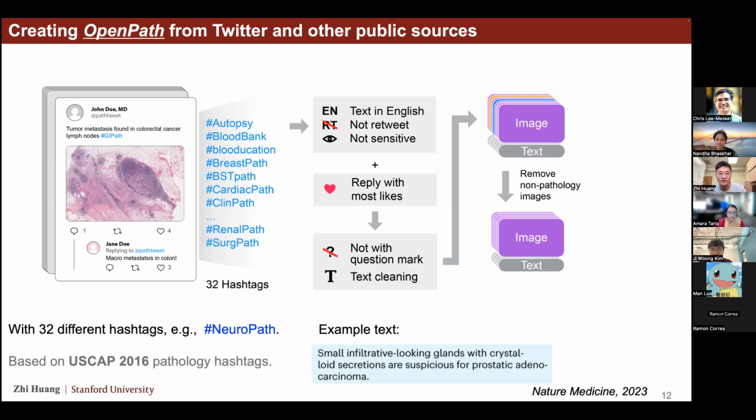So we assume that whatever magnification comes with the image, the Twitter post must associate with a very detailed, well annotated text description related to that image. So in short, we basically do not really care about the magnification. Yeah, it's a great question.